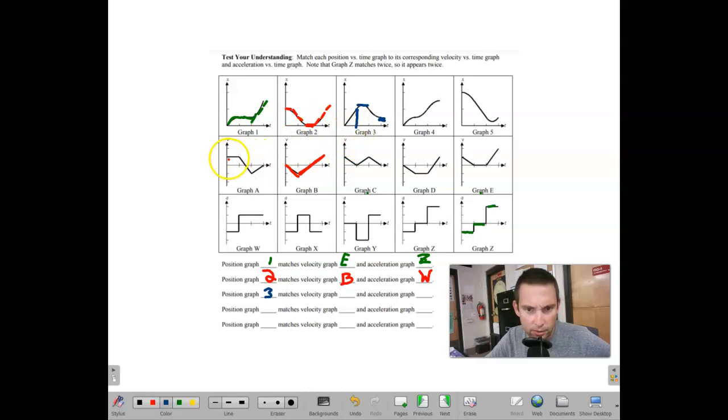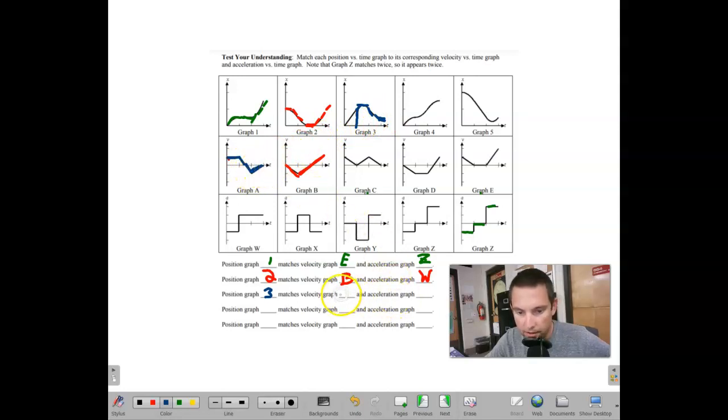Looking at graph A, we have a constant positive velocity. At 1 second, it starts to slow down and approach 0. Then we hit 0, true, and then we have a negative velocity, and then we start to slow down again, approach 0.